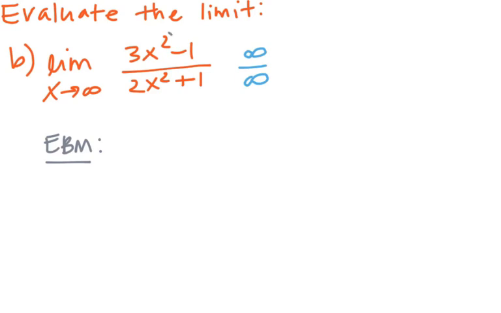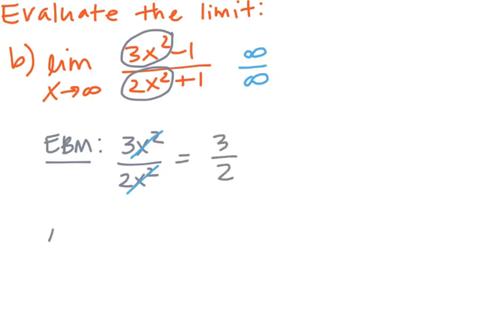We would have focused solely on 3x squared and 2x squared, because the -1 and +1 really doesn't make a huge impact when we're talking about infinitely large numbers. And then if we had worked with those, the x squareds would have simply canceled out, and we would have gotten a limit of 3 over 2.